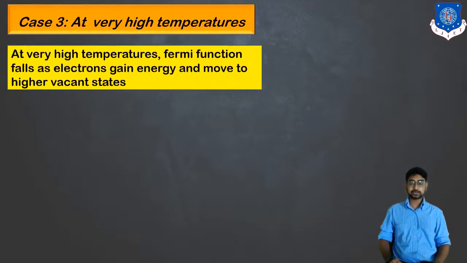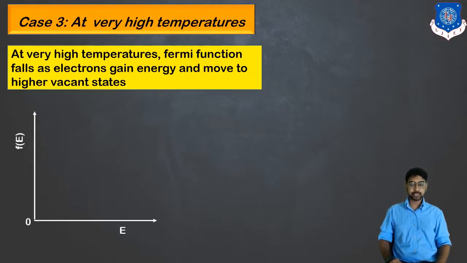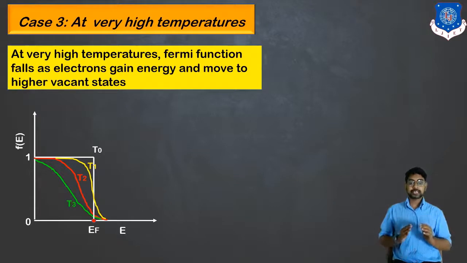Now the final case, what we are doing is increasing the temperature to very high. At very high temperature, the Fermi function falls as electrons gain energy and move to the higher vacant state. Now what is happening, you can see from the graph. There is a graph with ideal condition T0, at which you get a perfect 1 and below that 0.